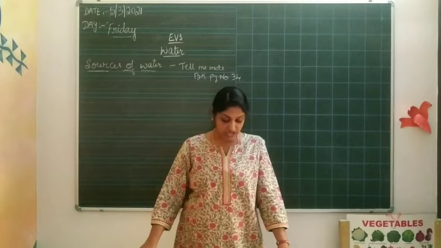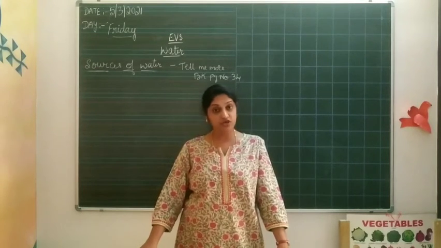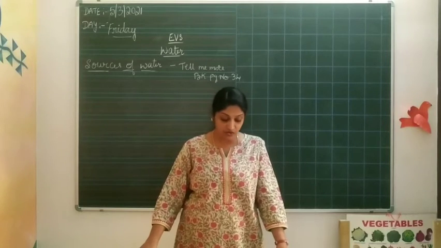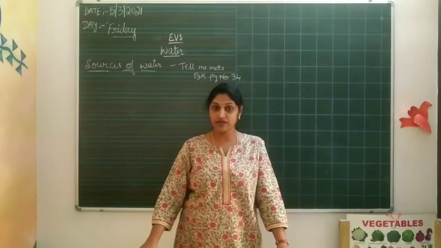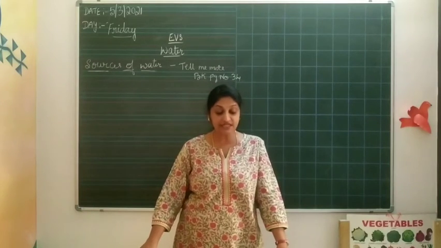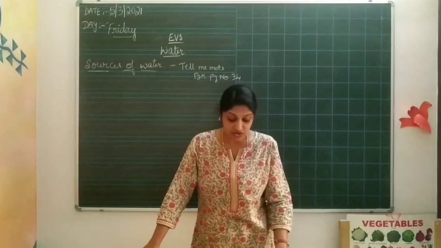What is an ocean? An ocean is a huge body of salt water. As I told you, an ocean is a huge body of salt water. Okay, these are all the questions and answers you have to learn. Sources of water.